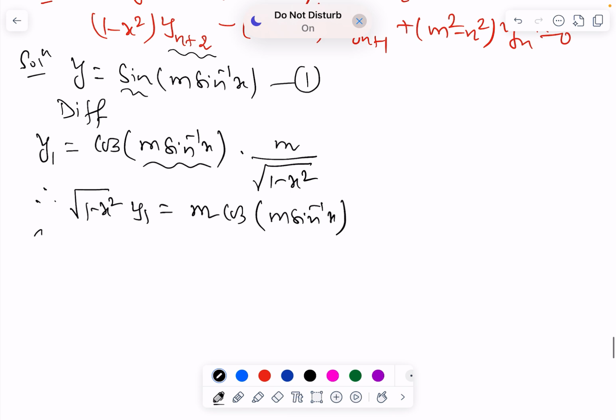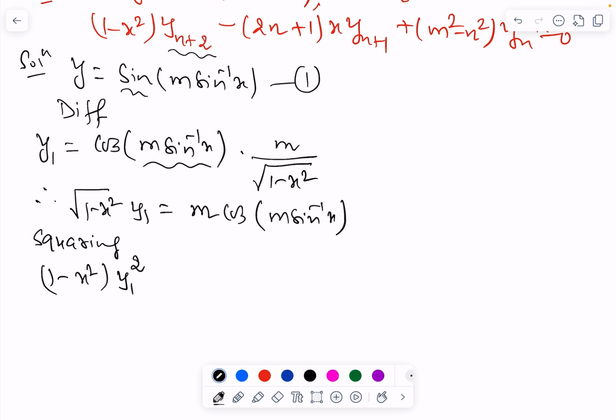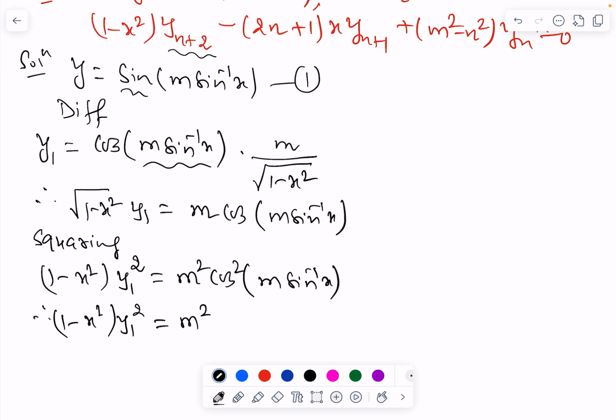Now let us do squaring. So if we take the squaring, we have 1 minus x square y1 square equal to m square cosine square of m sine inverse x. So 1 minus x square y1 square equal to m square.